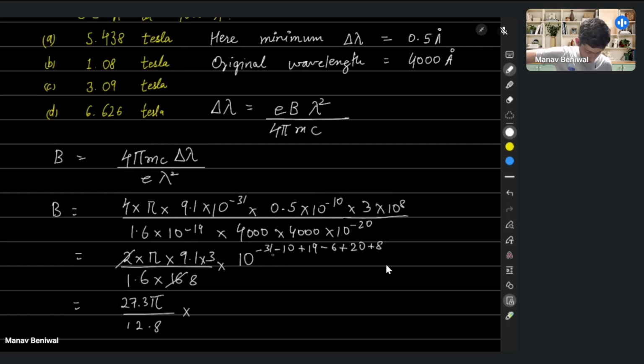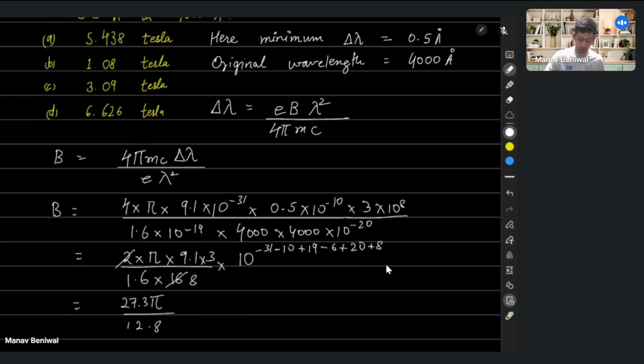Okay, so this is minus 31 minus 41 minus 47, and this is 20 plus 39 plus 8, which is plus 47. So this is just 10 to the 0. So all these things cancel out, so we are just left with this.